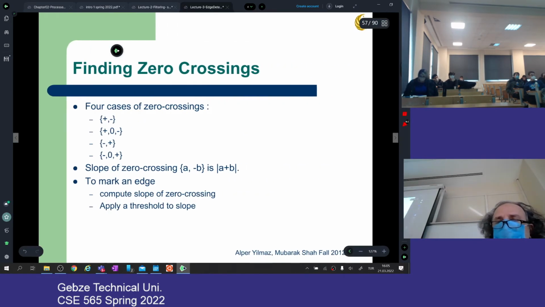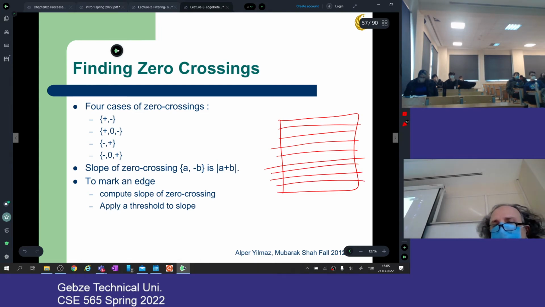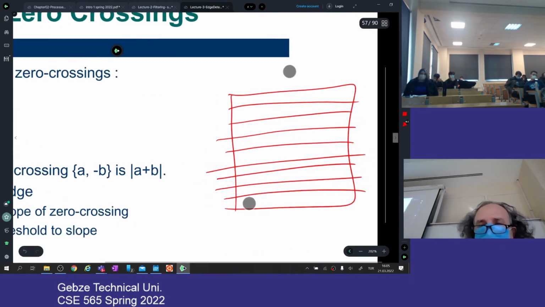Then you start scanning your resulting LoG image like this in this direction, and find the places where there is a transition from positives to negatives, negatives to positives, positive to zero to negatives. Okay? So find all of them, and after that, let's do some example here.